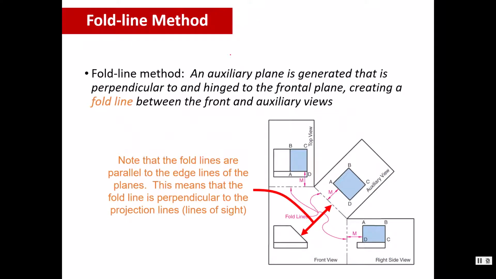One way to do it is the 4-line method, which is similar to the 6 principal views. We have the 6 principal views and we add one more. The view will be perpendicular or direct to the plane that we want to have the detail.